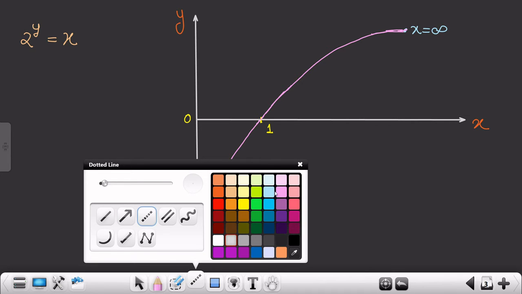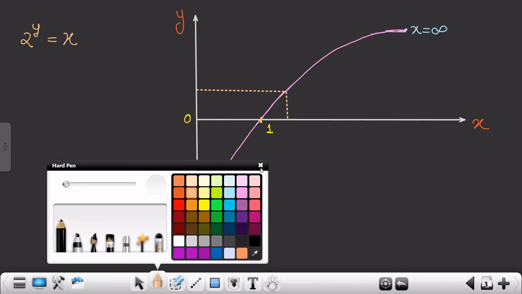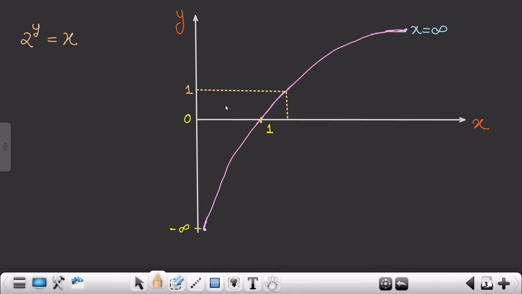When y equals 1, maybe somewhere over here, you are getting x as 2. That means I'm talking about this point.